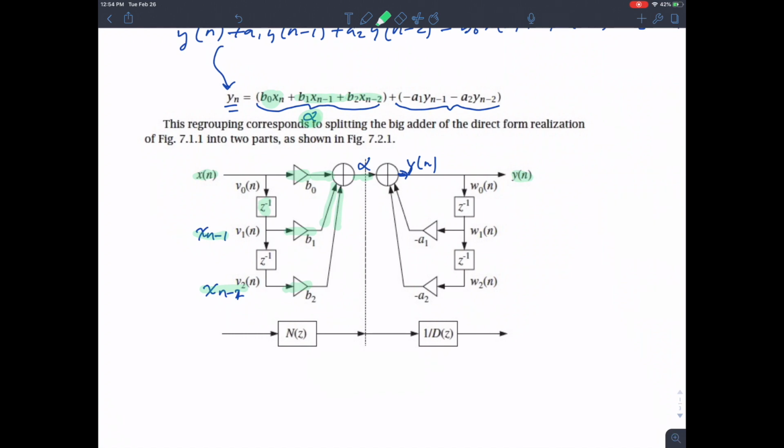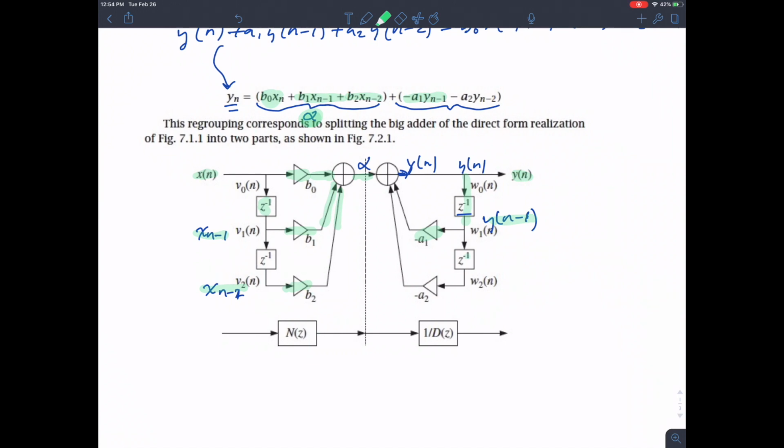Then I've also got a delay here. So if this is y of n right here, then down here is y of n minus 1 through that delay term. So we multiply y of n minus 1 times this constant minus a1, and we add that in, and we get this term.